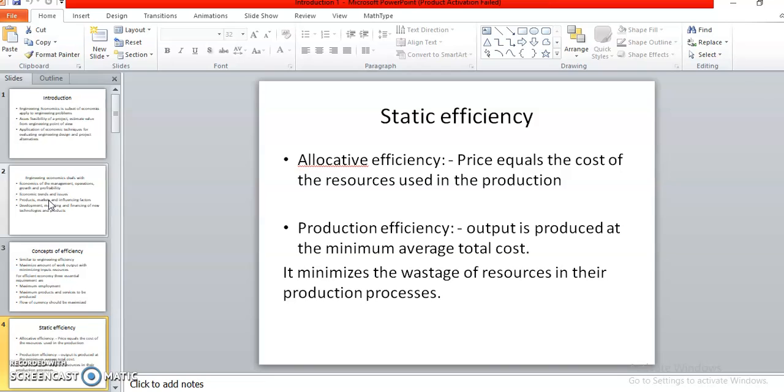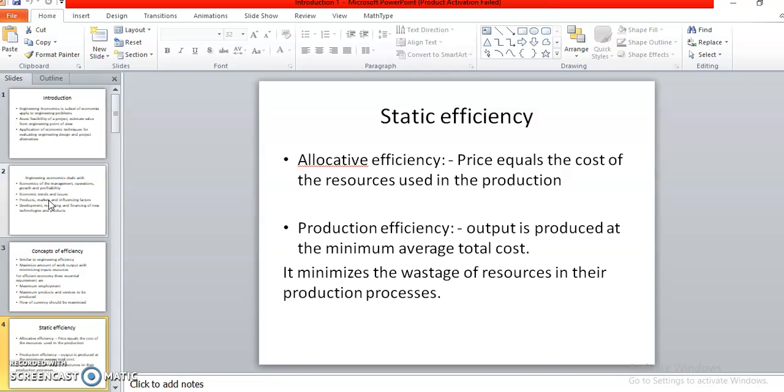In another case, it is production efficiency. In this, output is produced with minimum internal resources or minimum average total cost. To achieve this, we minimize the wastage of resources in the production process.